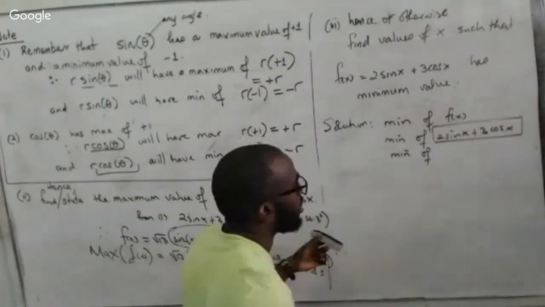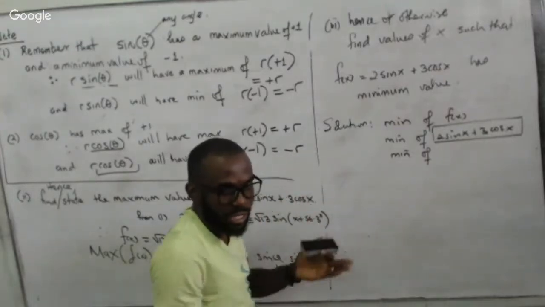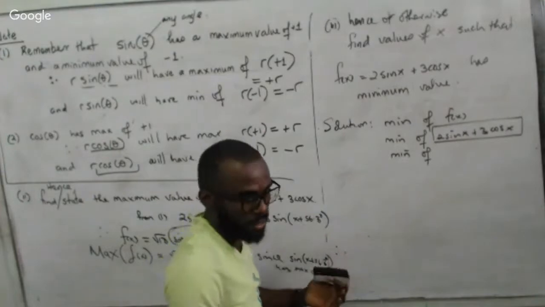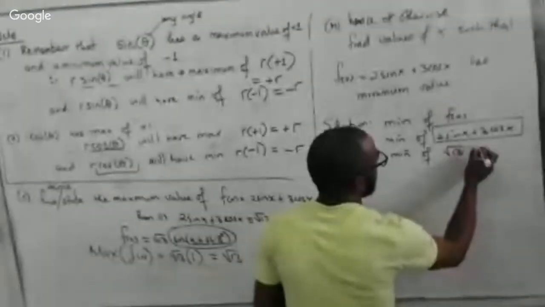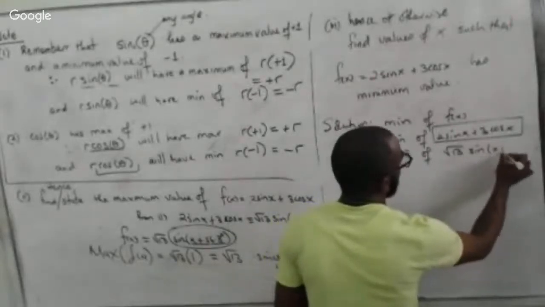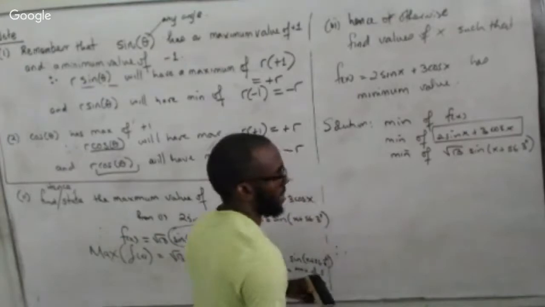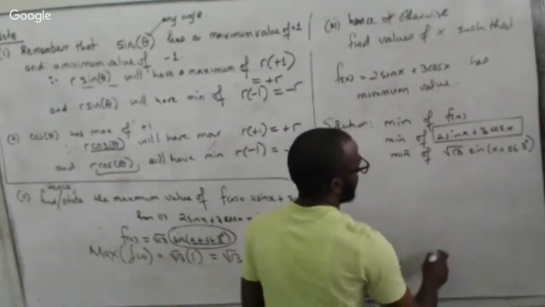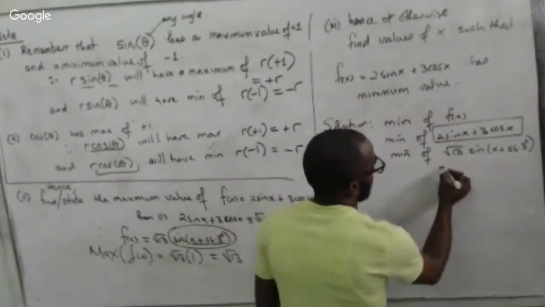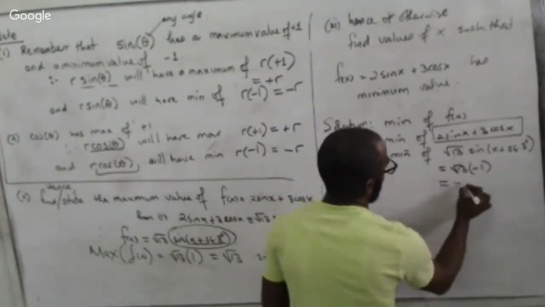Because I don't know what the graph looks like, I cannot tell you what the minimum is. If I cannot sketch it, I cannot tell you what the maximum or minimum is. But this one, I know that it is equal to root of 13 sine of x plus 56.3 degrees. So the minimum is my root of 13 times minus 1, which is minus root 13.